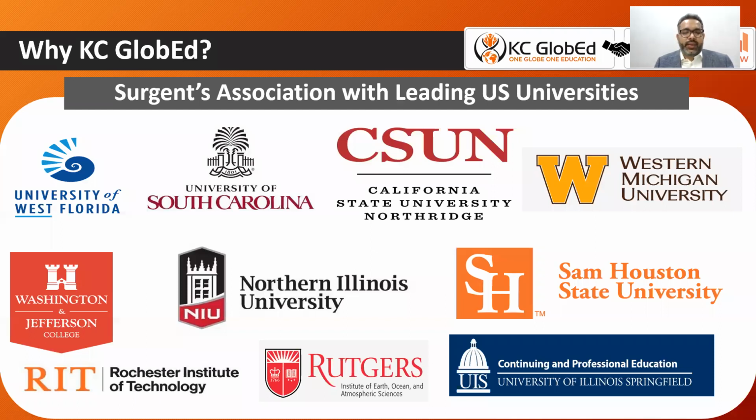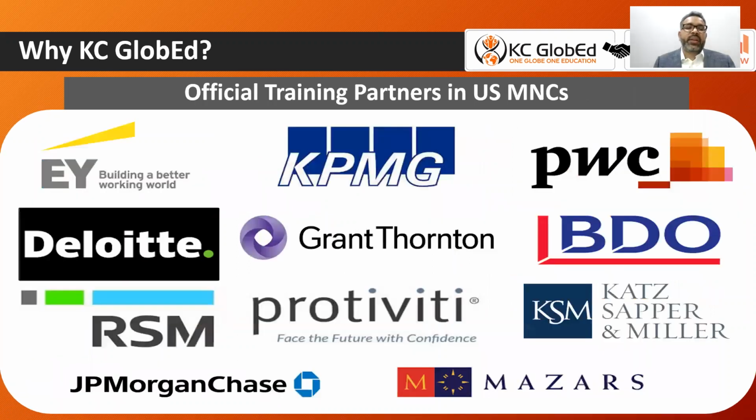That can give you a comfort that if such big universities in the US are trusting and relying on the Surgent Learning Management Software, then we can also rely on it, right? And second, they are partnered with more than 200 MNCs in the US. That means these MNCs are providing Surgent Learning Management Software to their employees to study US CMA.